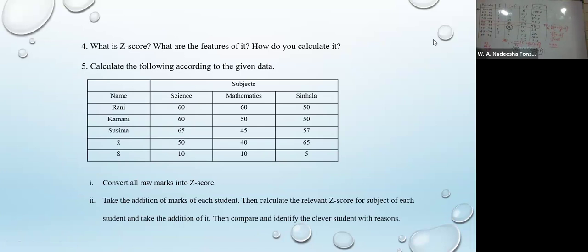Then calculate the relevant Z-score. Let's do it. Hurry up and find the Z-scores of all marks. So the Z-score equals X minus X bar divided by S, the standard deviation.